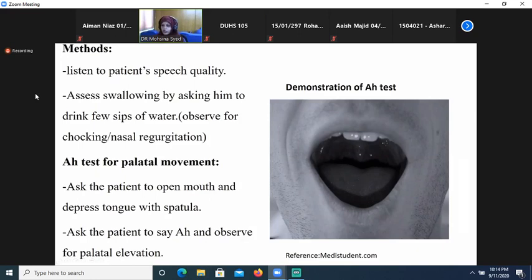Normally, when the patient says ah, the palate should elevate symmetrically on both sides and uvula should be central and elevate along. If there is some pathology on one side, uvula deviates to the normal side, and the palate droops or does not elevate on the diseased side.